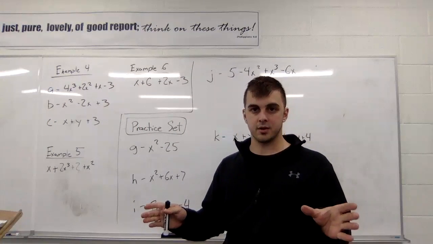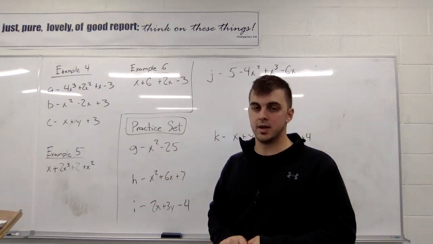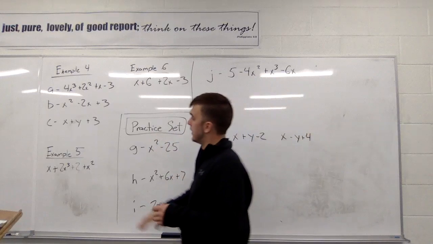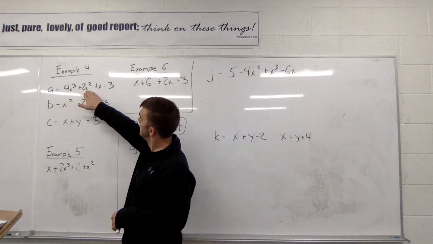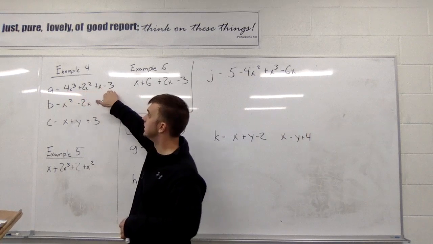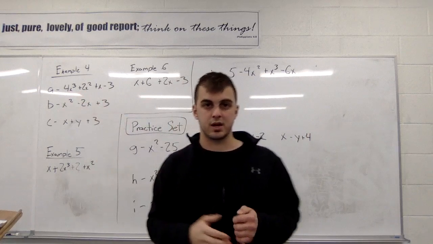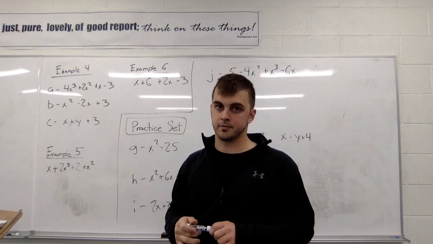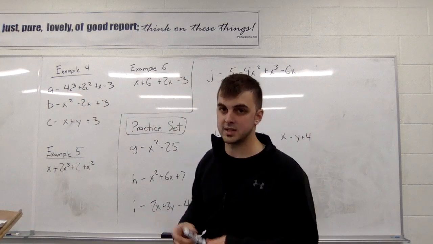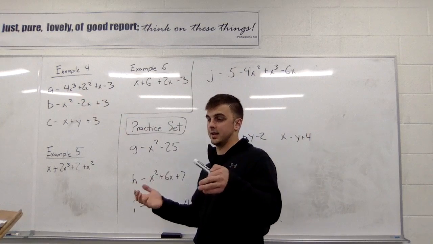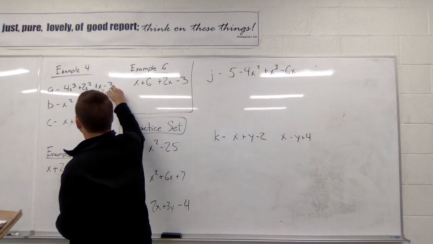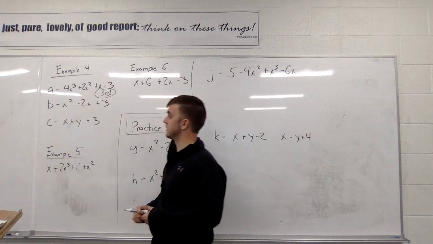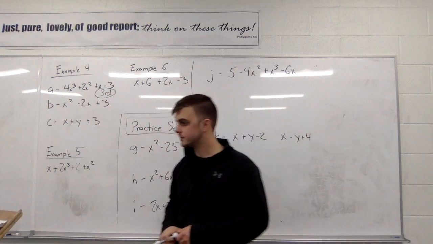Don't add them together, just pick the highest one, and that's the degree. So you have an exponent of 3 here, exponent of 2, exponent of 1, exponent of 1. What's the highest degree of that term? 3, 2, or 1? Obviously it's 3, so that is the 3rd degree, is what you would write. That term has a 3rd degree.